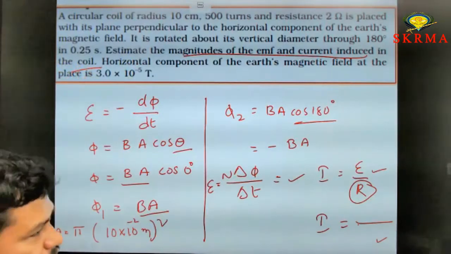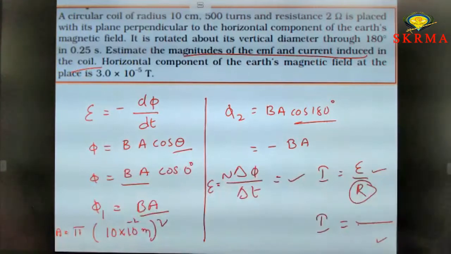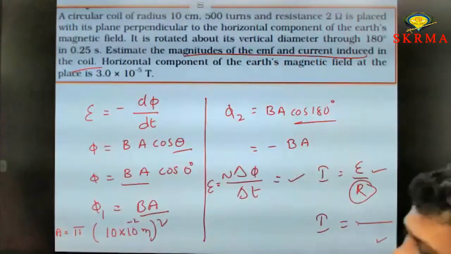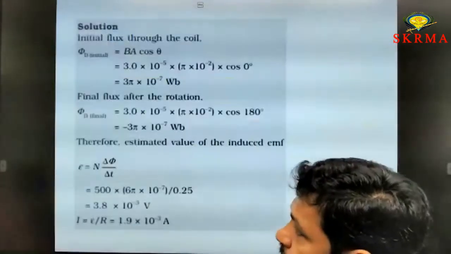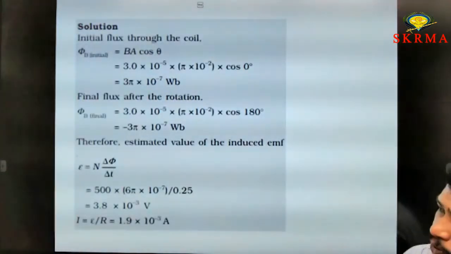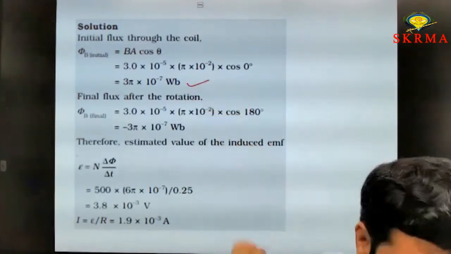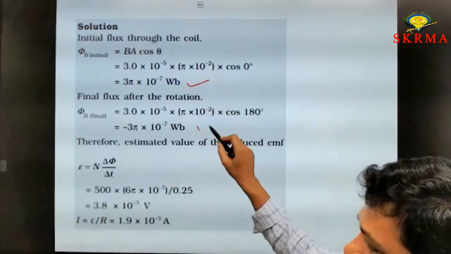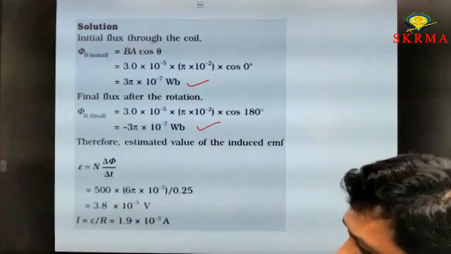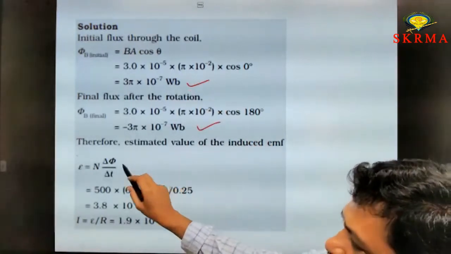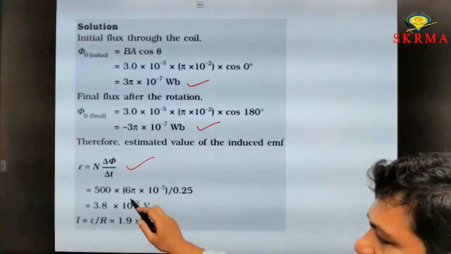Okay, this is the basic approach to simplify this problem. And the next concept is, yes, this is the problem. The solution is also attached here. Just look: the initial flux value, the final flux value, and N delta phi by delta t.